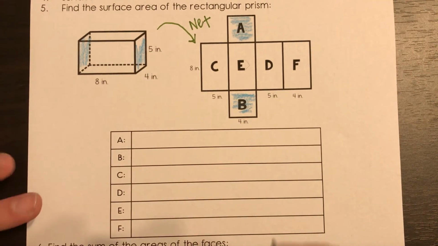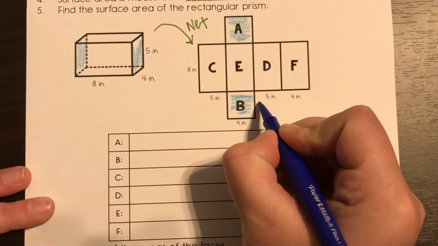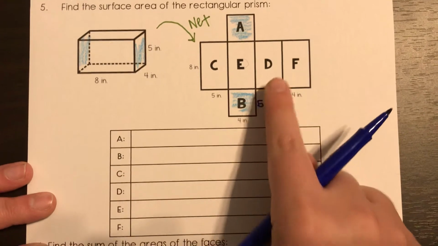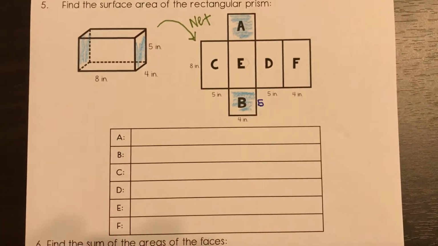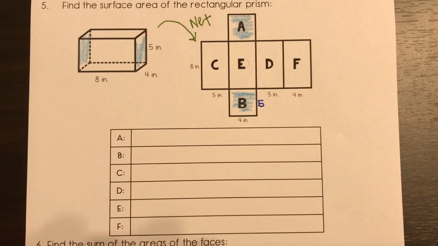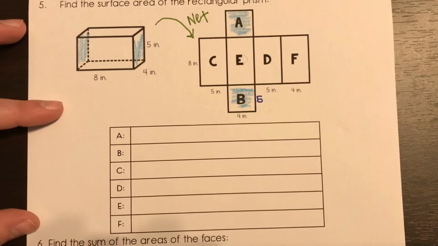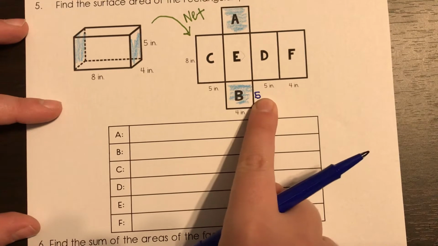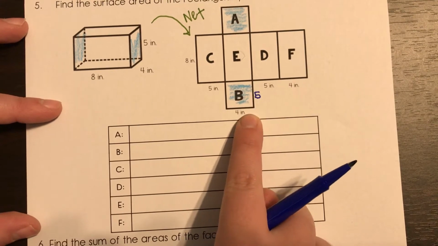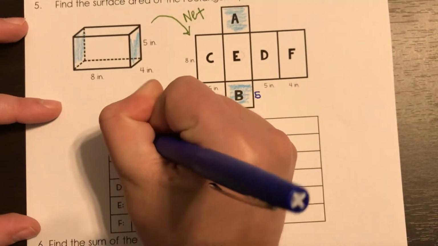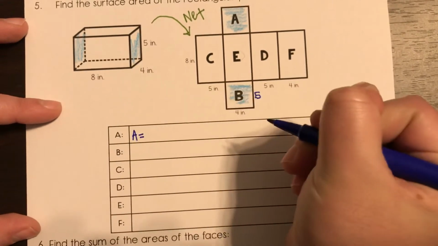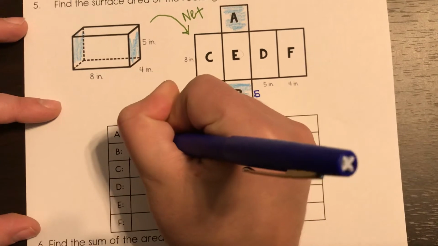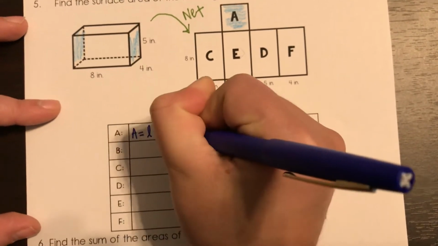So you'll notice on the net though, it doesn't have the 5 labeled here. But think about it, if we were to close this back up, this side would touch this side, which would make it 5. So I'm going to go through and find the area of side A and B first. So A and B, so we have 4 by 5. So that means that this is a rectangle. And if you remember back to your formulas, the area formula for a rectangle is length times width.